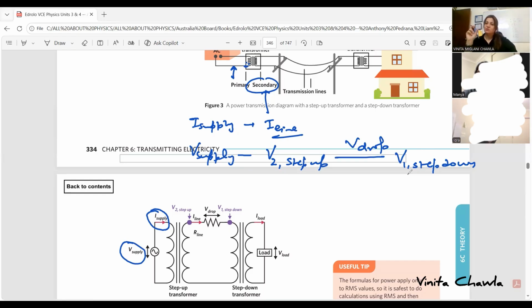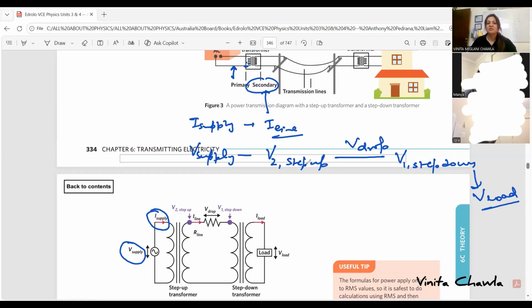And this voltage now is passing through the primary coil of the step down transformer, and from the step down transformer again the voltage will change. There are two transformers, right? First it increased, now it will decrease it. Now the voltage that we are going to get, the voltage of the load that goes to the house, that's V load. So this is how voltage is changing from step up to step down transformer.